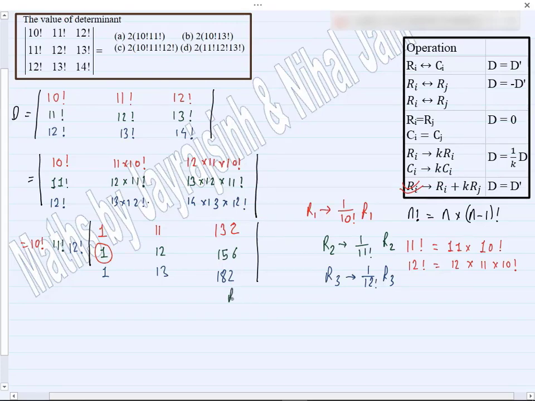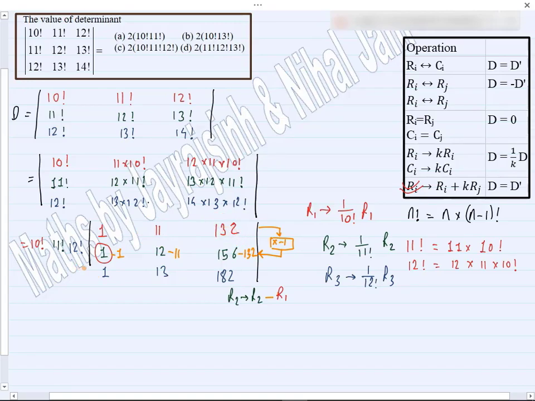So our second row will be converted into R2 minus R1. That means you have to multiply minus 1 with the first row and add into the second row. So here we'll get 1 minus 1, 11 minus 11, and 132 minus 132.